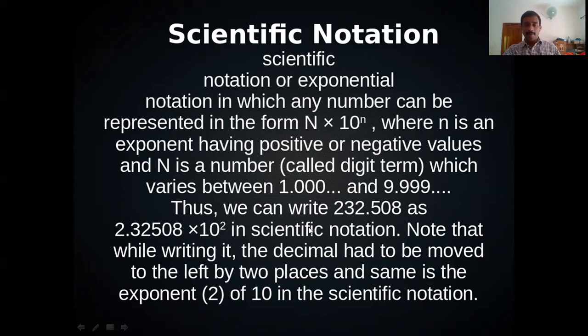While writing scientific notation, the decimal had to be moved to the left by 2 places, and the same is the exponent, that is 2 of 10 in the scientific notation.